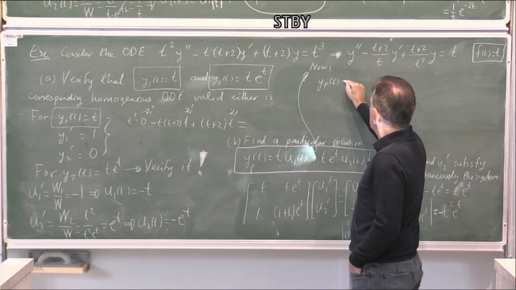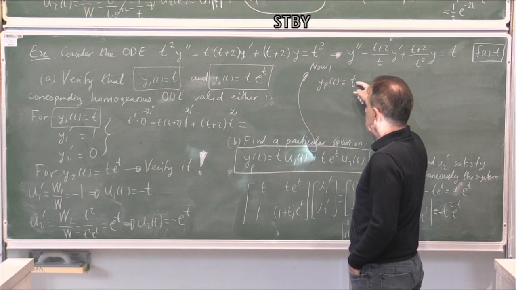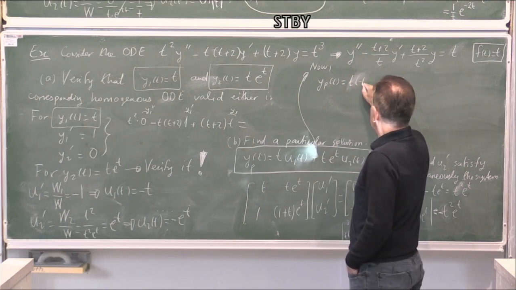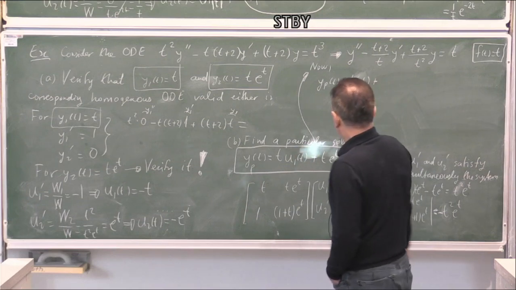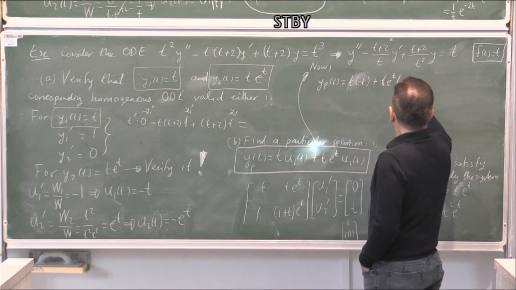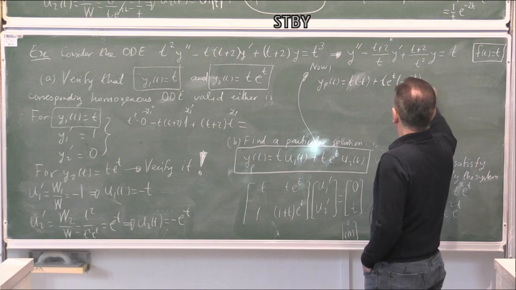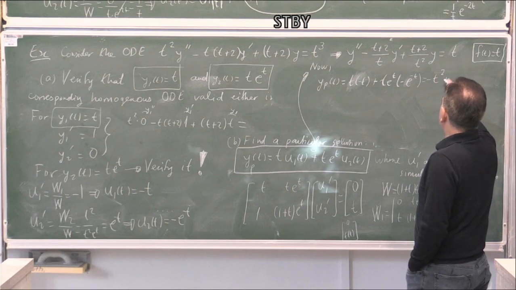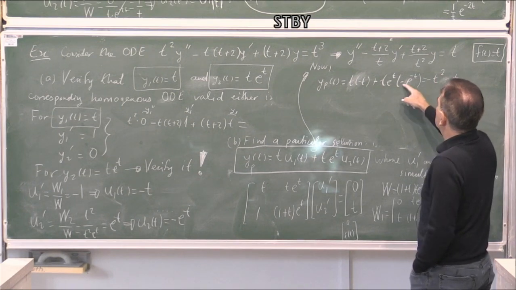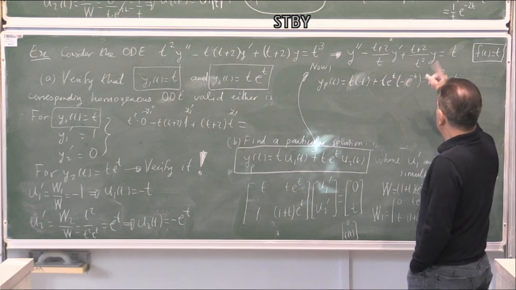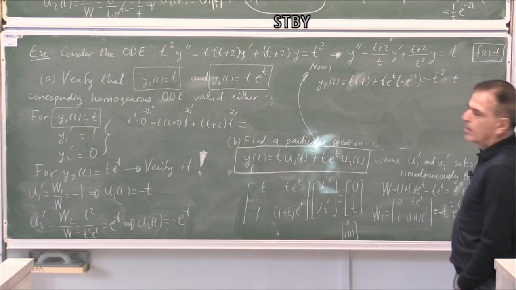So yp of t becomes t times u1, which is minus t squared, plus t e to power t times u2, which is minus e to power minus t. So we have minus t squared minus t e to power t times e to power minus t, which becomes unity, so we get that. Good?